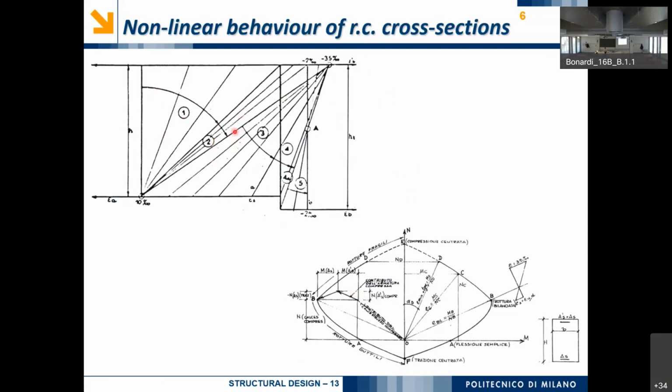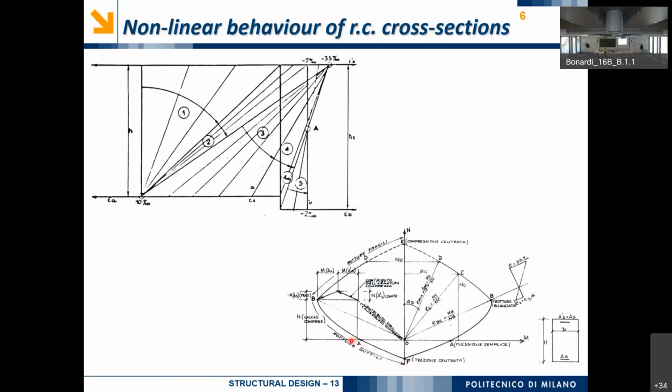If we consider all these situations and we plot them into a NM diagram, so we have axial force and bending moment, on the upper part we have compression, whereas down here we have tensile forces. So we can see that the resisting axial force in compression is associated to the scenario E. That is associated to a value of axial force that is much higher than scenario F, which is the pure tensile force, with no bending moment associated.